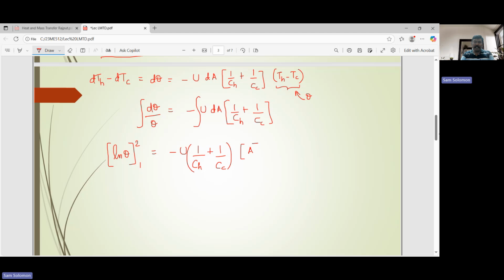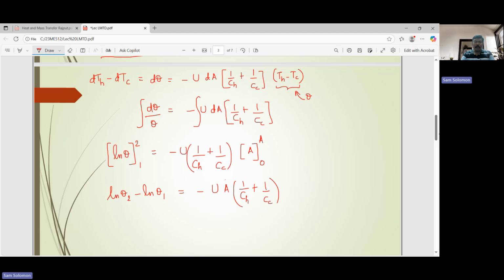So when you integrate dA, you're going to get A, and area varies from 0 to maximum area A. So that is going to give you ln theta 2 minus ln theta 1 equal to minus u times A times 1 by CH plus 1 by CC.